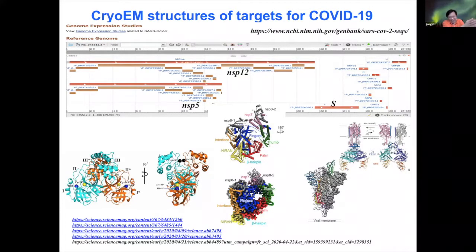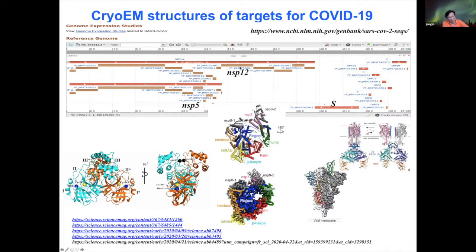This has been a focus for many structural biologists in the past few months, or actually since the SARS period in 2003 as well. Shown here on the top is the genome organization of SARS-CoV-2, and there are in total 29 proteins.